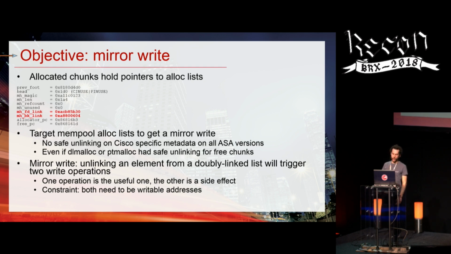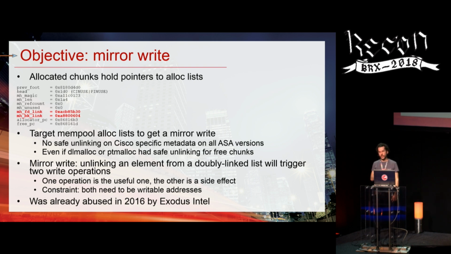With a mirror write, you have one write that is the useful one and another that is a side effect, so both need to be writable addresses. But we can overwrite a pointer or anything in memory where we have permission, obviously. This was actually abused in 2016 by Exodus Intel in their iKey exploit already.